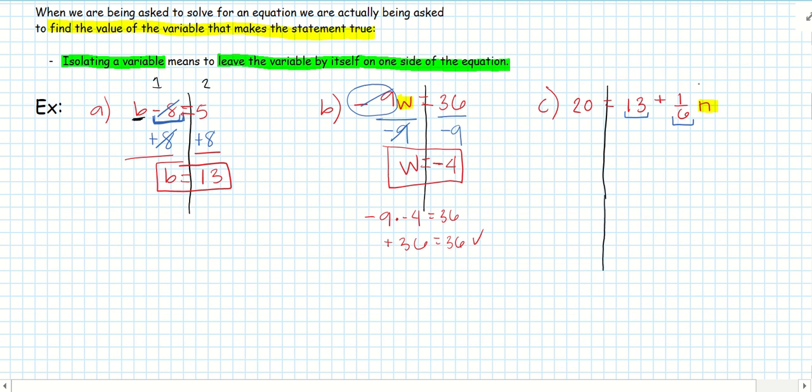Now, I also want to point out that the variable is now on the right side. Before we had it on the left side. Because we usually read from left to right, it's easier for us to grasp the concept of the variable being on the left. However, if the variable is on the right, that's totally fine. The same concept applies.